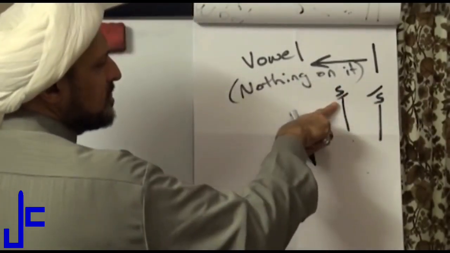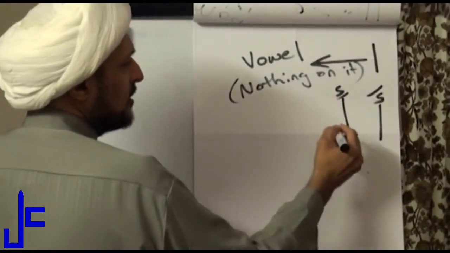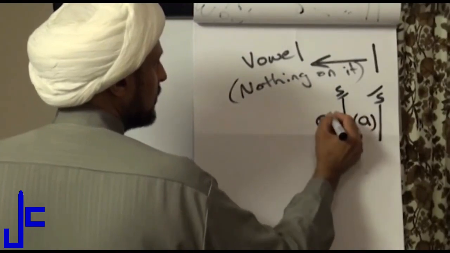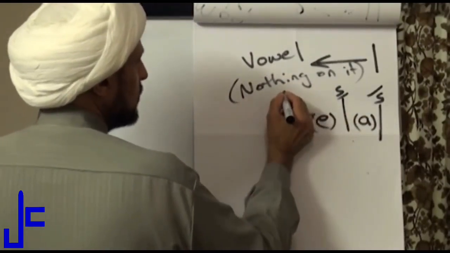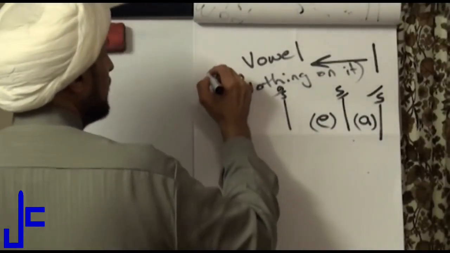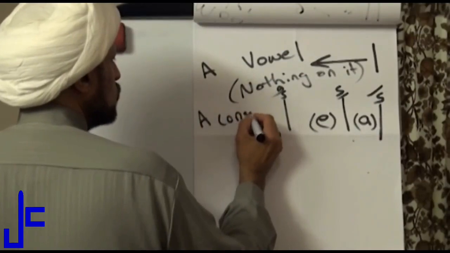Sometimes they write the kasra underneath. The e sound is underneath the hamza. So this is e. This is ah. And this is o. Here it's a consonant. Here it's a vowel. Here it's a consonant.